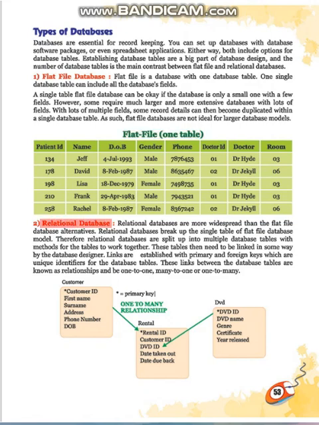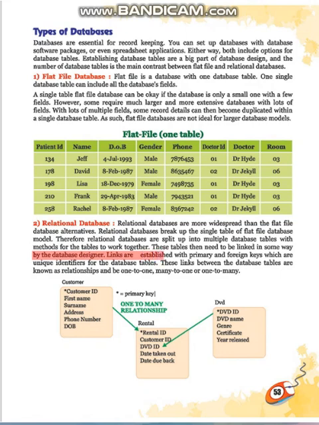Relational database. Relational databases are more widespread than the flat file database alternatives. They break up the single table of flat file database model. Therefore, relational databases are split up into multiple database tables with methods for the tables to work together. These tables then need to be linked in some way by the database designer.